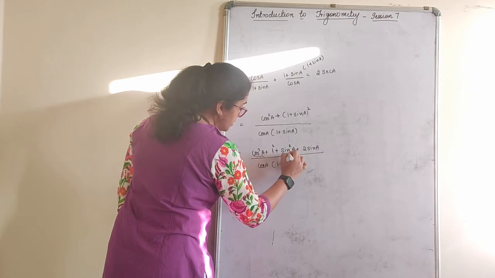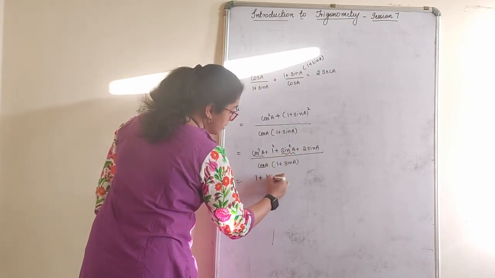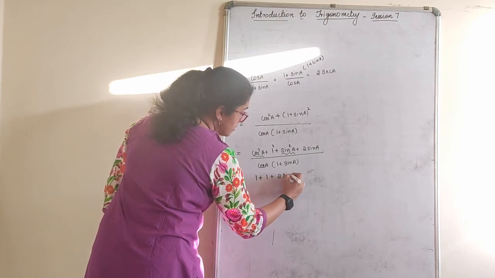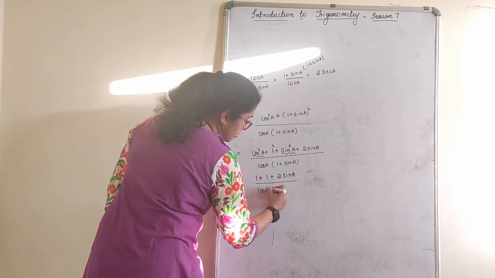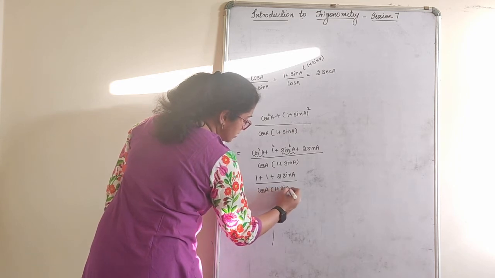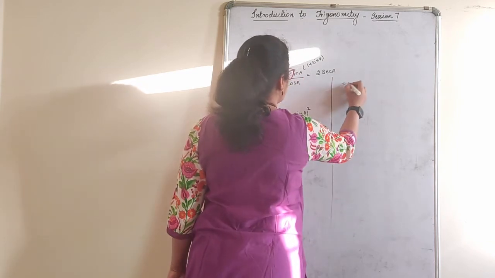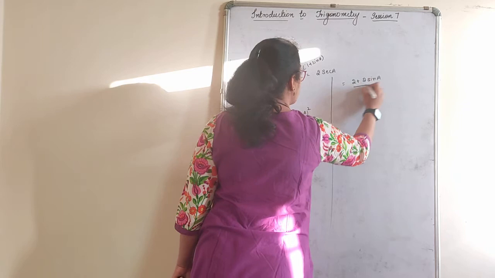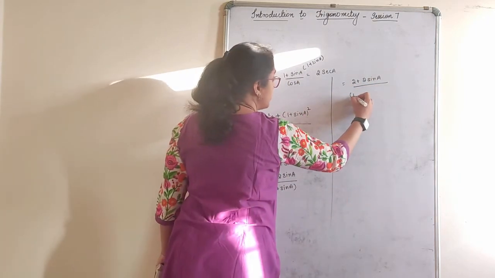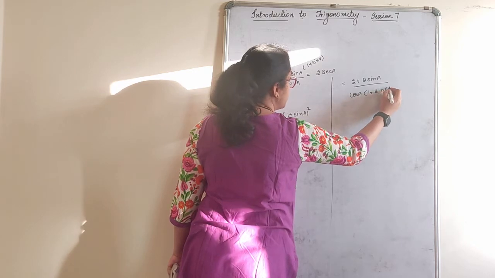Cos square A plus sin square A is equal to what? 1 plus 2 sin A divided by cos A of 1 plus sin A. 1 plus 1, 2. 2 plus 2 sin A divided by cos A of 1 plus sin A. What comes now?